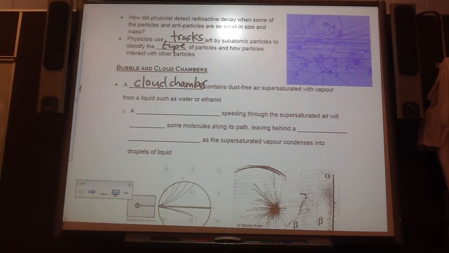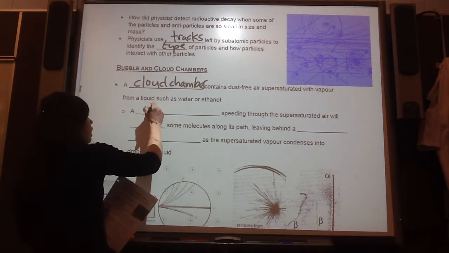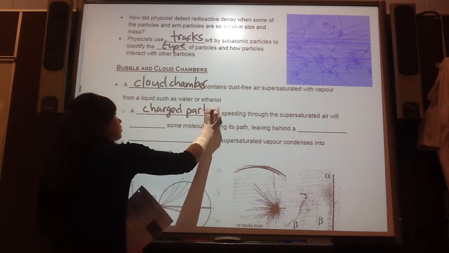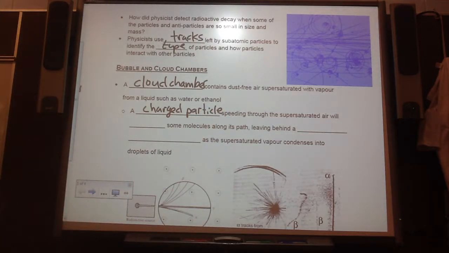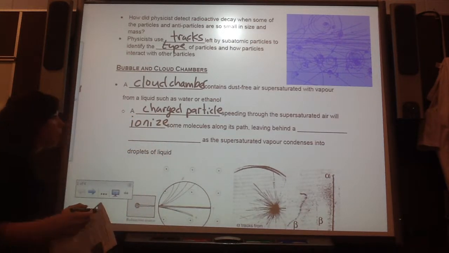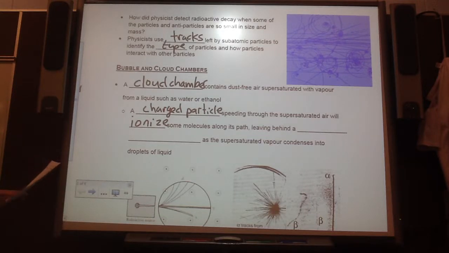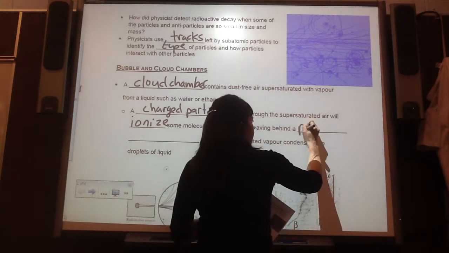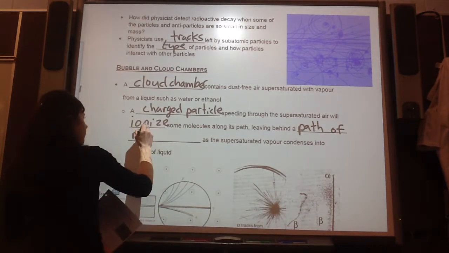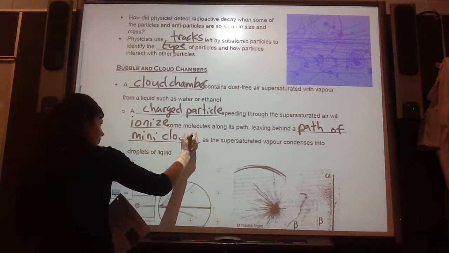A cloud chamber contains dust-free air supersaturated with vapor from a liquid such as water or ethanol. A charged particle speeding through the supersaturated air will ionize some molecules along its path, leaving behind a path of mini clouds.